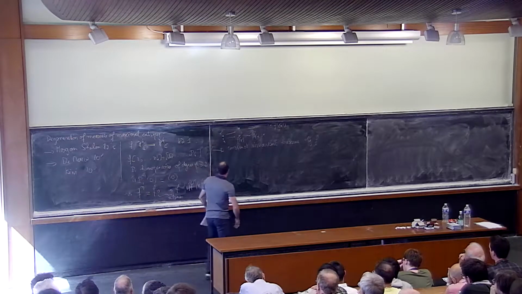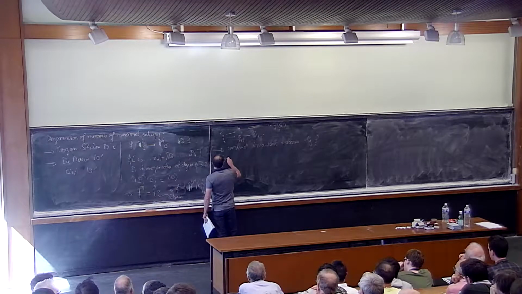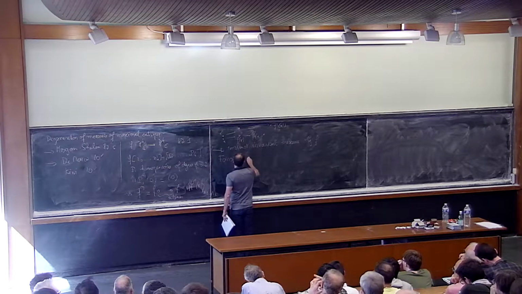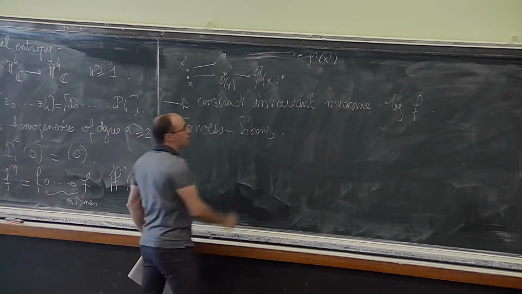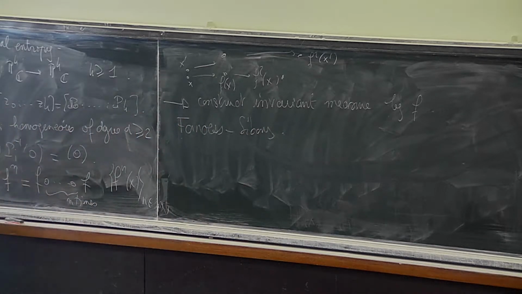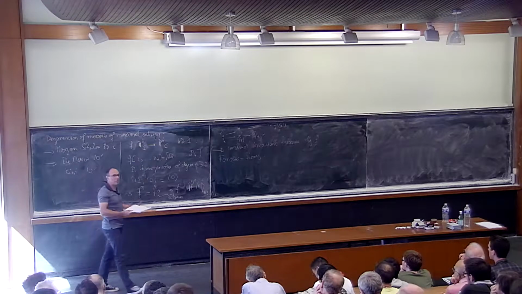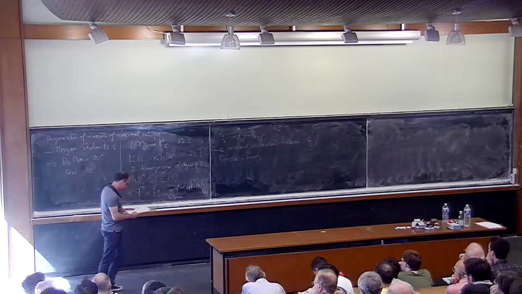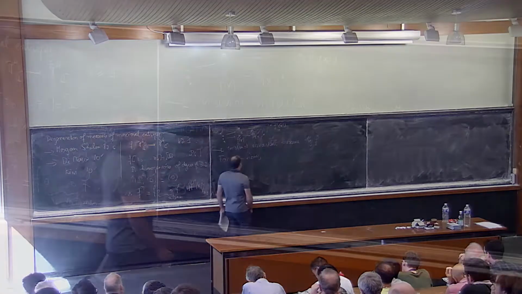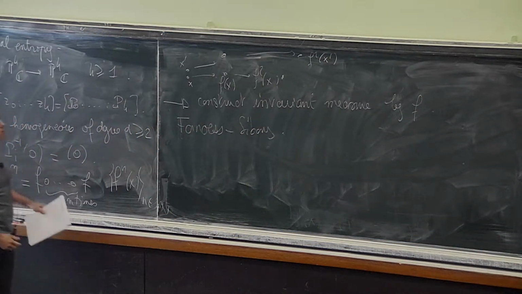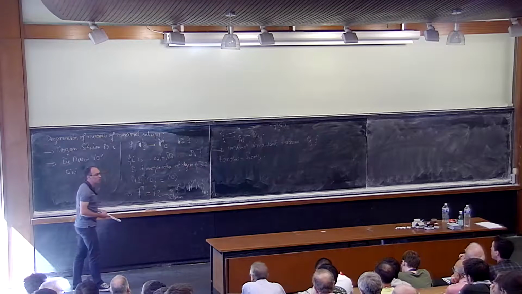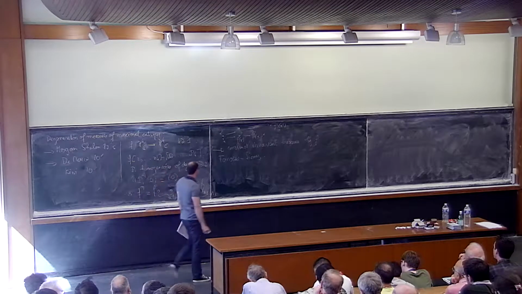So let me recall how Fornaess and Sibony used pluripotential theory to construct an interesting invariant measure, one that captures somehow the most chaotic part of this dynamical system. Okay, so first, before constructing an invariant measure, you construct a positive closed (1,1) current which is invariant.